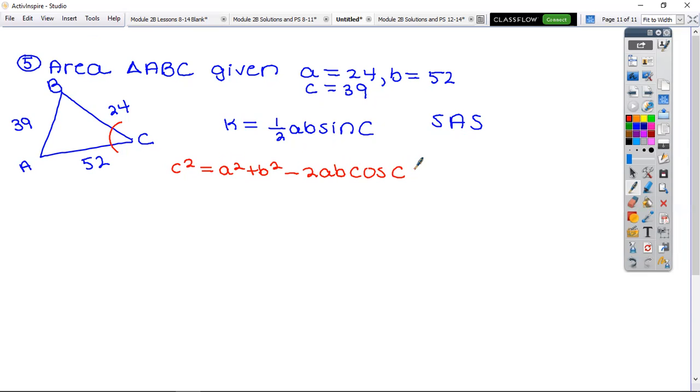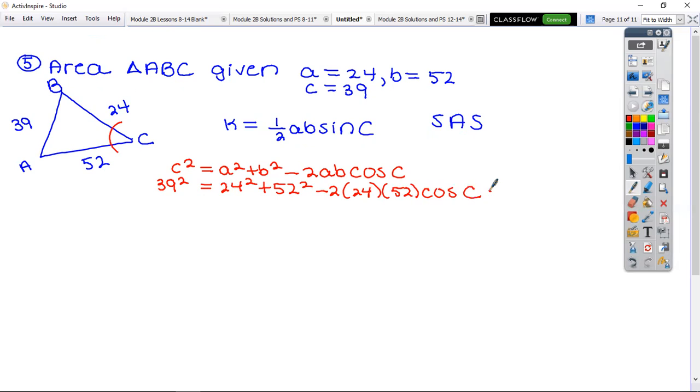This is the harder type. So I would go 39 squared is equal to 24 squared plus 52 squared minus 2 times 24 and 52 multiplied by cosine of C, which is unknown.